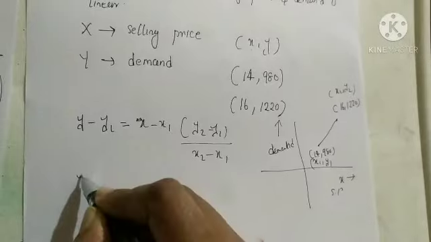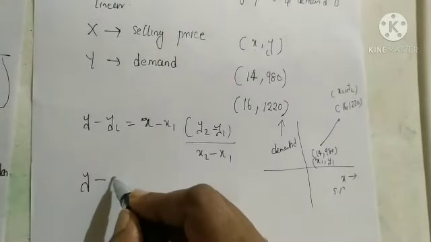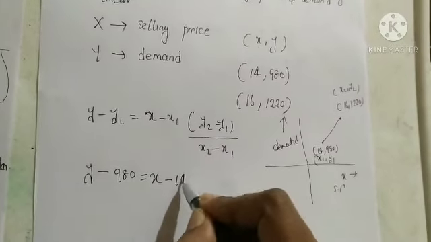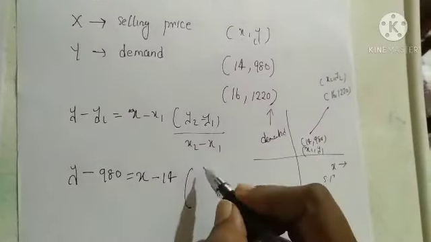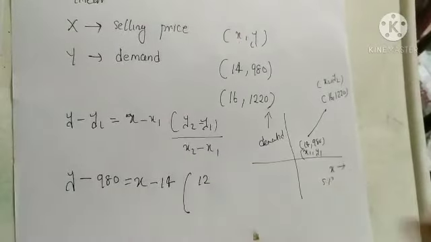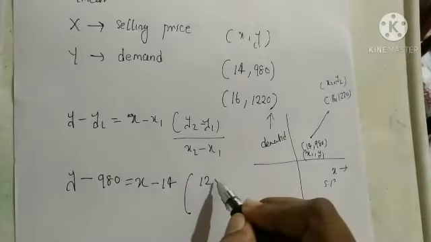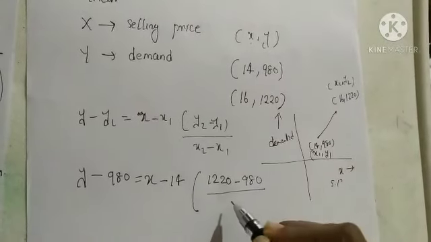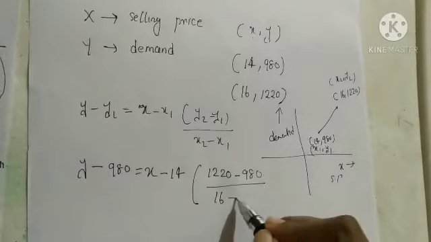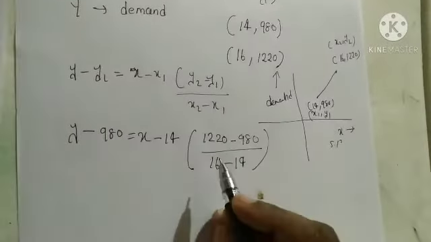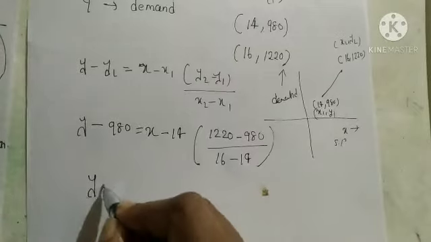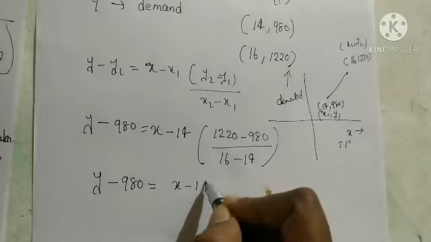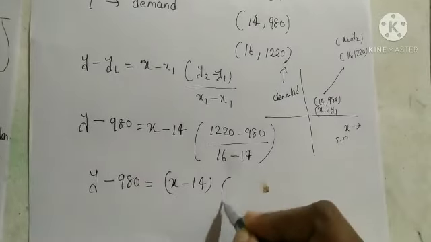Okay, so y minus y1, which is 980, equal to x minus x1, which is 14, into y2 minus y1, that is 1220 minus 980, divided by x2 minus x1, that is 16 minus 14.